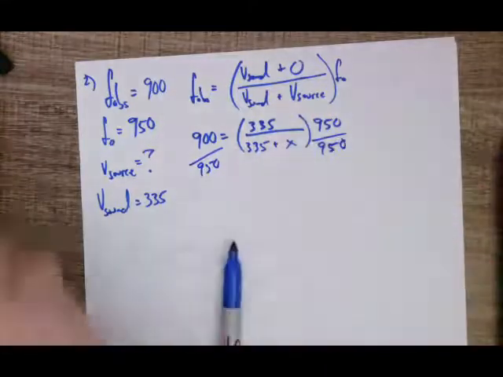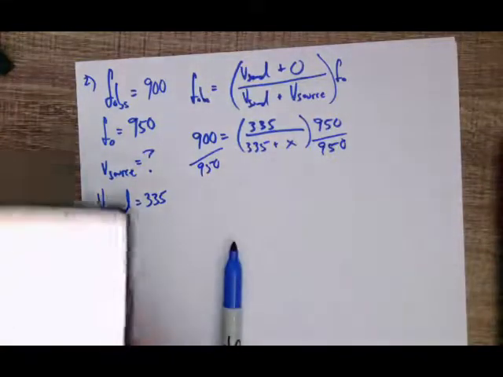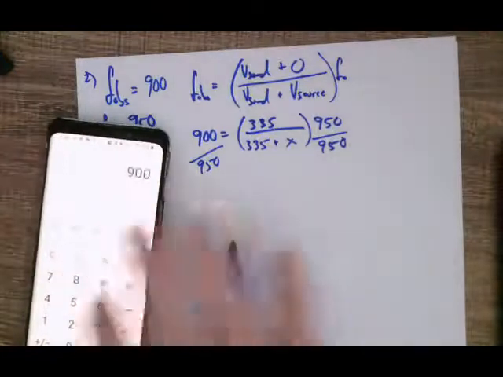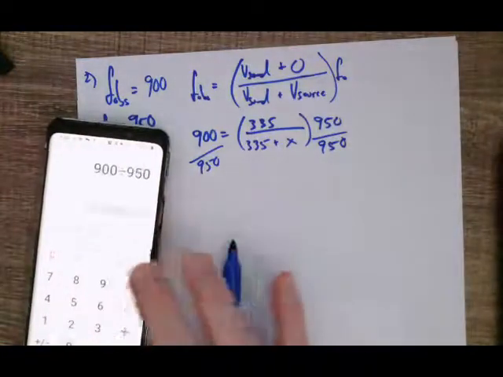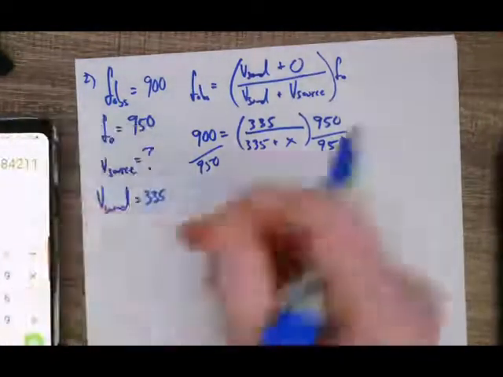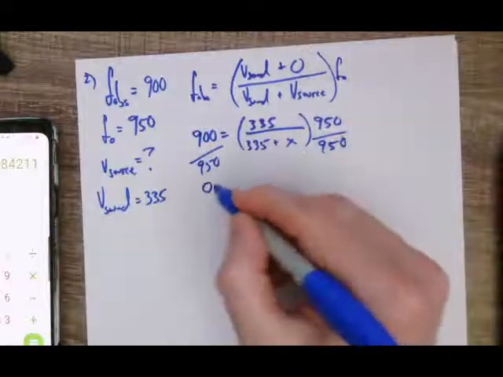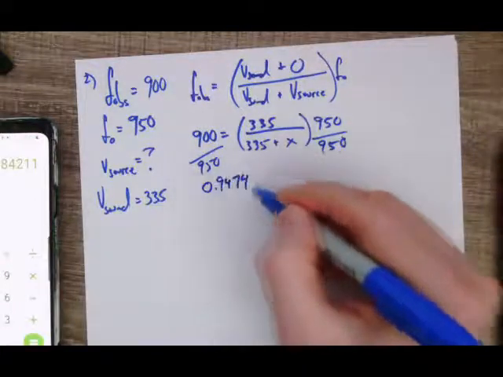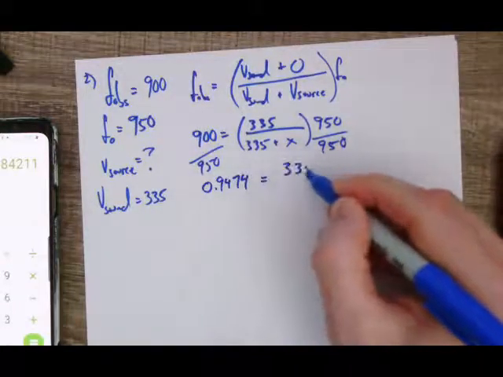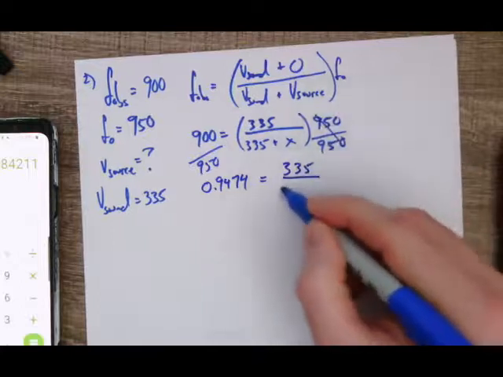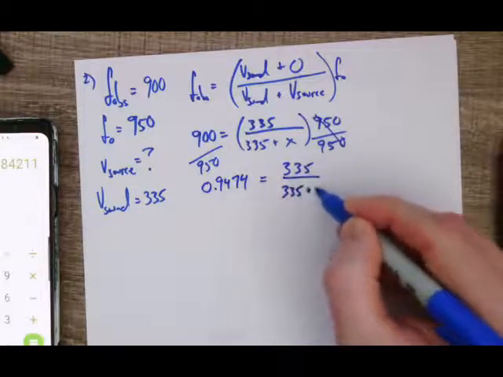So 900 divided by 950 is 0.9474. 0.9474 equals 335 over 335 plus x.